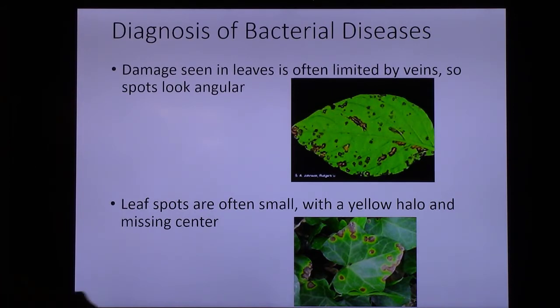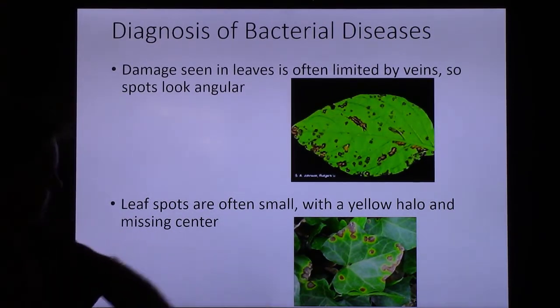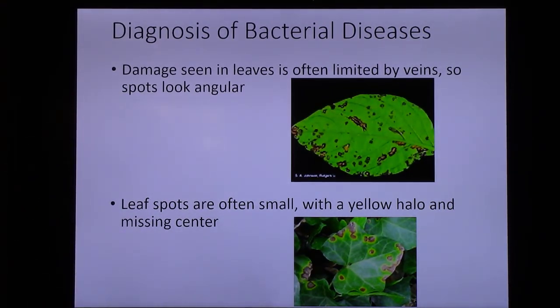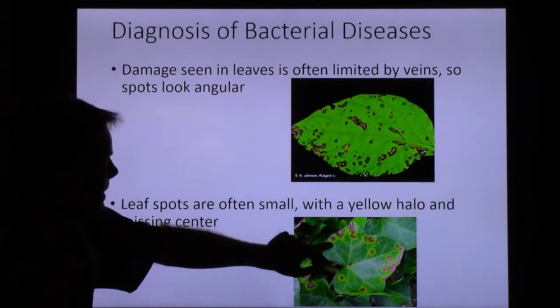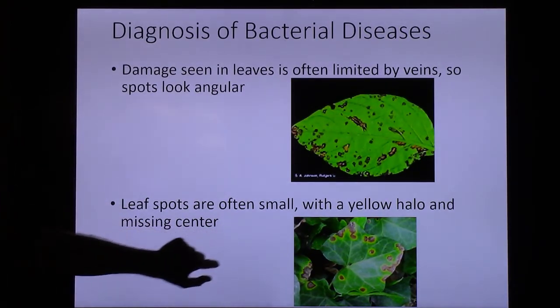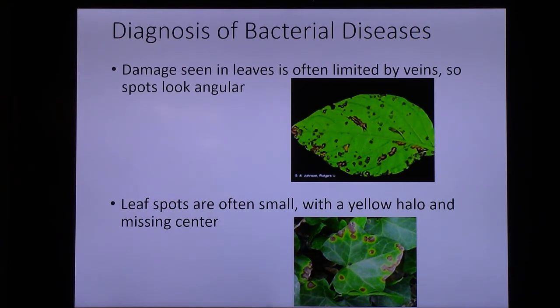Now, something else to look for. Wait a minute, those look somewhat round. I thought you said that fungi was round. Well, they're round, but if you notice, there's this yellow halo effect. Fungi will not show that yellow halo effect. When we see that yellow halo effect, that's a pretty good indication that we're dealing with a bacterial issue. That yellow halo is part of the spread of that bacteria through the leaf.